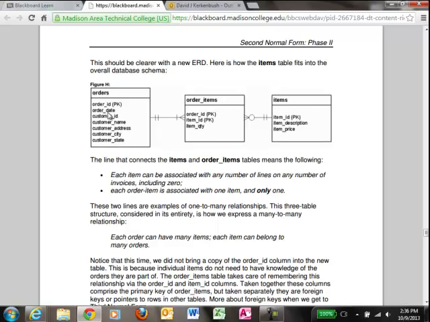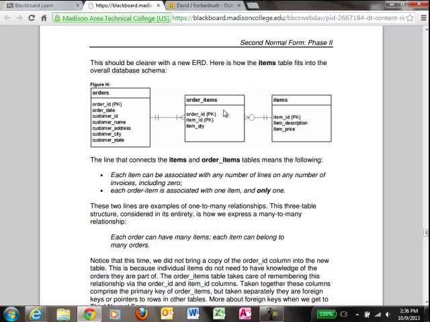Then we have the data that we left in the original order table. Now we look at the second normal form. The only one of these tables we have to apply it to is order items, and there is no field in here anymore that's only dependent on a part of the primary key. So in this case we passed the second normal form.